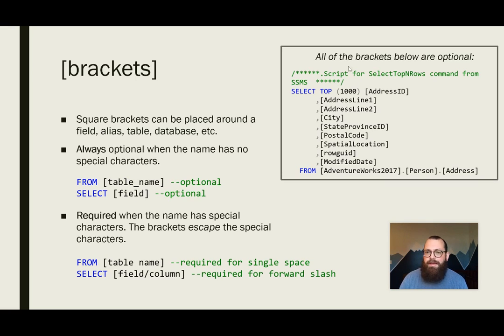And then looking at an example from the prior lecture or video, we selected the top 1,000 rows, and we did that by right clicking the table name in Object Explorer. So if we go over, and we'll just do it again real quick. Let me exit out of here.